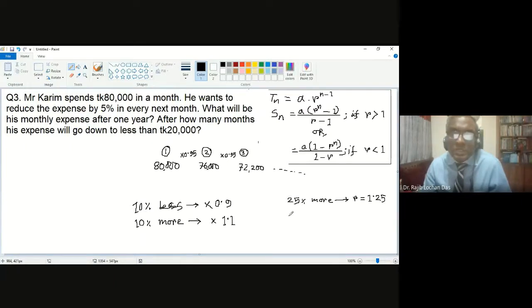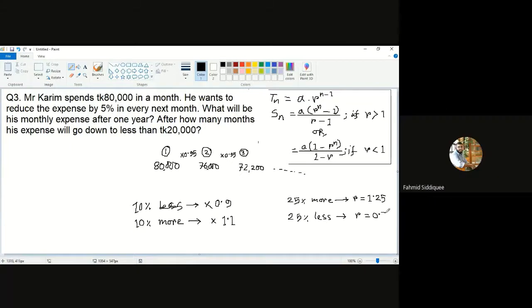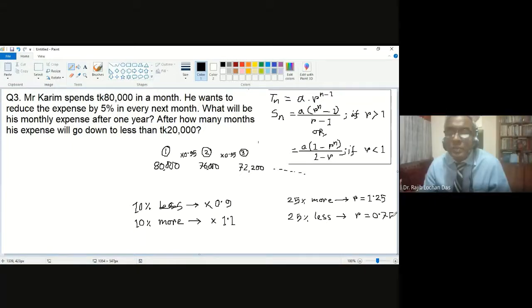If it is 25% less, reducing 25%, then what will you do? It will be 0.75. Okay, so this understanding should be very clear to everybody. Now you can start the answer.